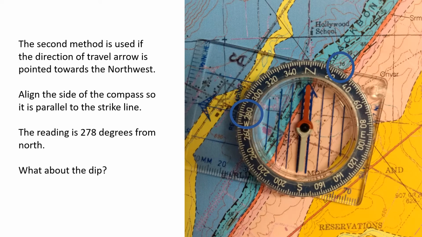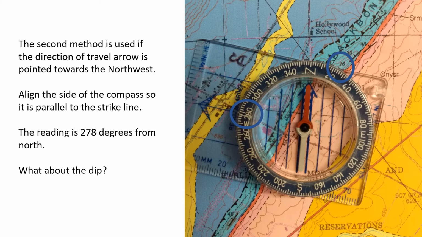The second method that we can use for this particular strike is if the direction of travel arrow is pointed towards the northwest. Again, we want to align the compass so that the side of the compass is right along the strike line. It is parallel to the strike line. Turn the dial so that the blue arrow of the dial lines up with the magnetic red arrow.